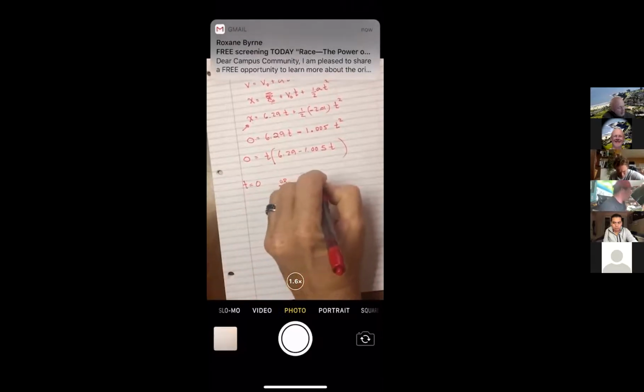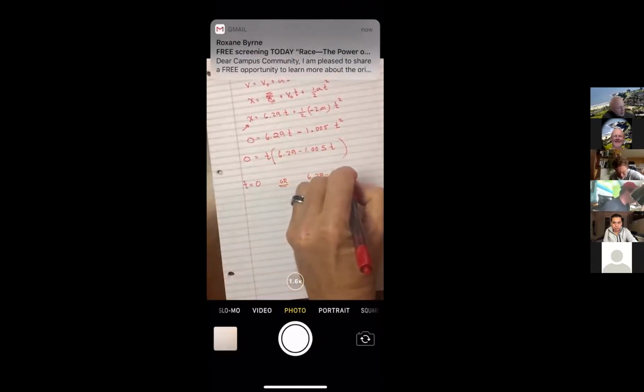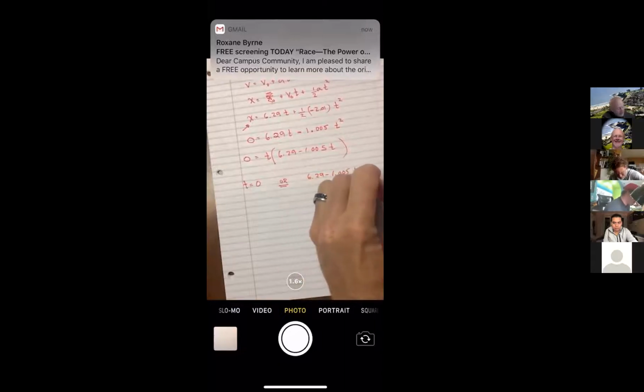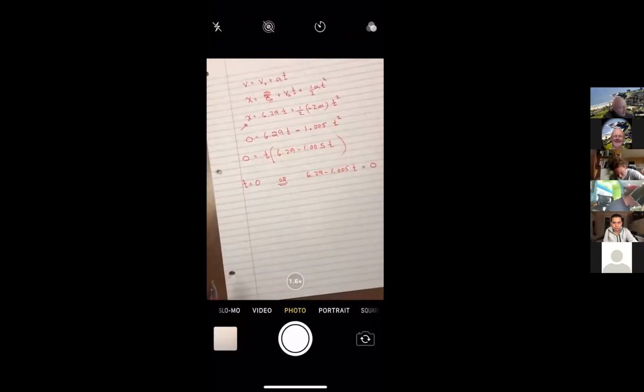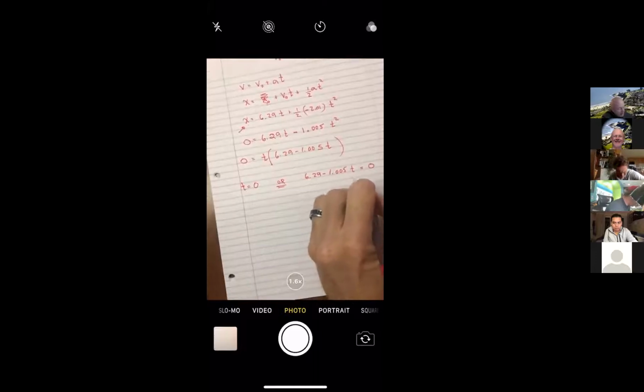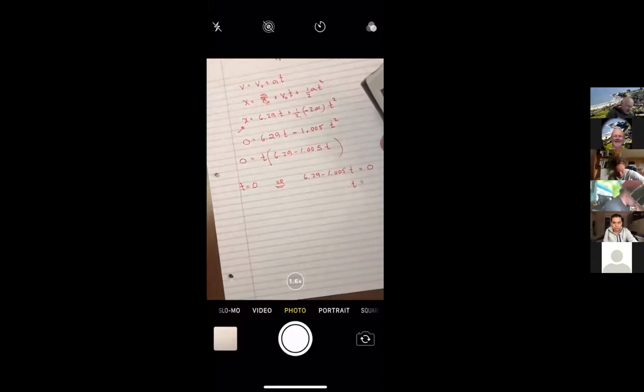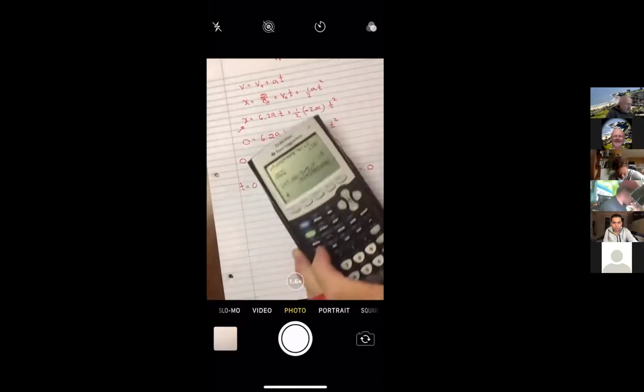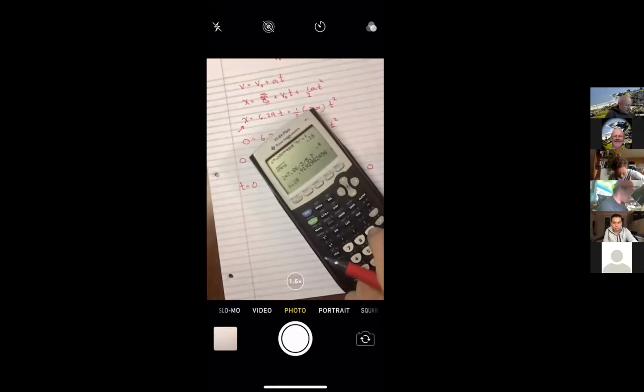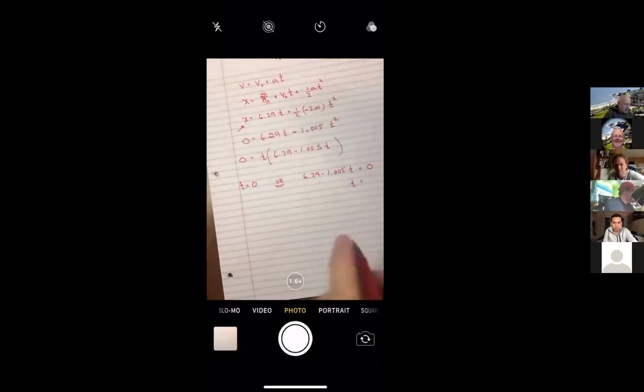Another option is 6.29 minus 1.005 t equals 0. If we continue to solve this, we get 6.29 divided by 1.005, and that barely changes it, but it gives 6.26 seconds.